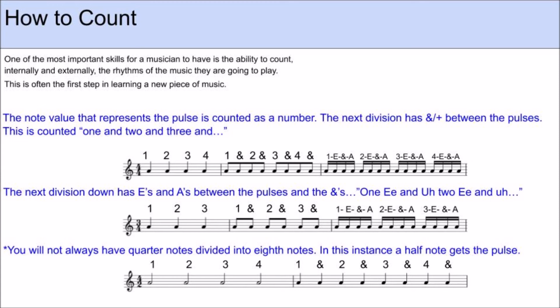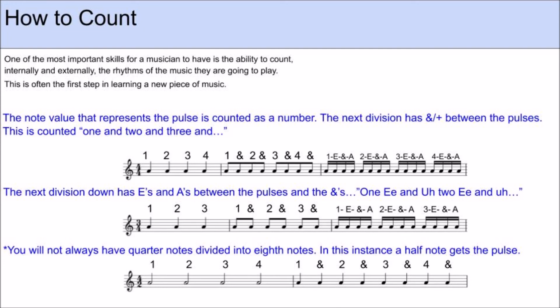Notice that the numbers that I say do not slow down or speed up. They remain the same. 1, 2, 3, 4, 1 and 2 and 3 and 4 and 1, 2, 3, 4.